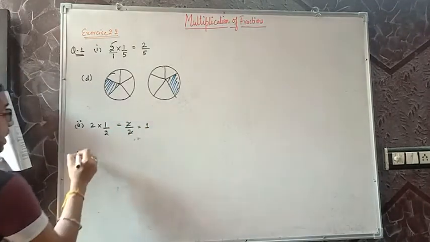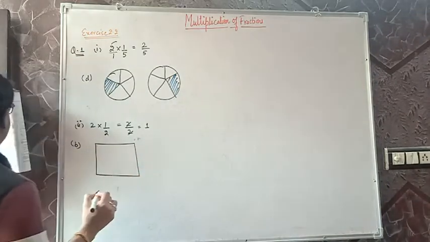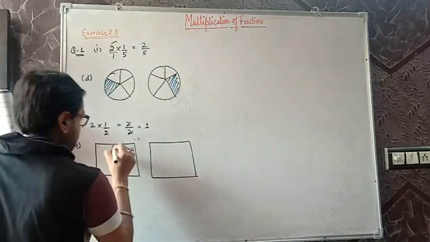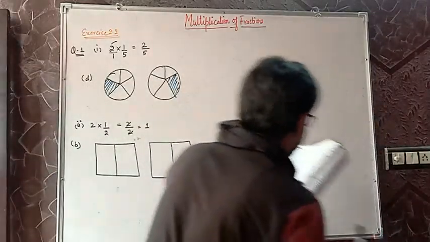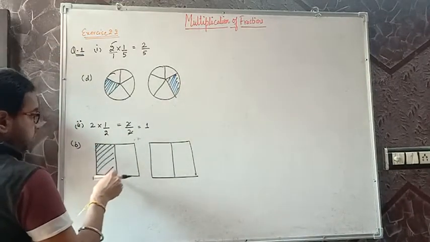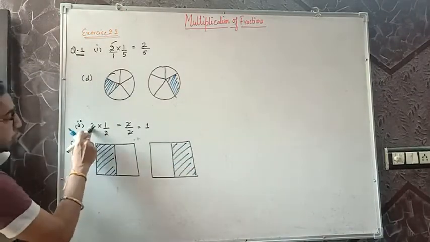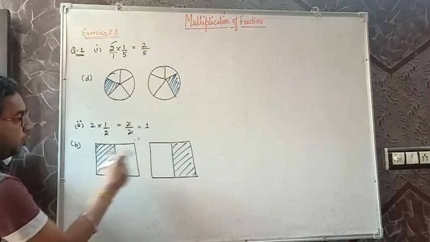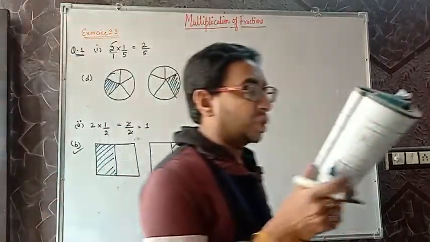If I see the figure, B is the right answer because here I have been given 2 squares and each part is shaded. Can you see what is happening? Two whole parts are there, only one part out of two, one part out of two. Therefore, this is the correct option for the B fraction.